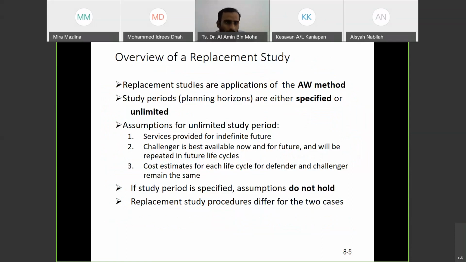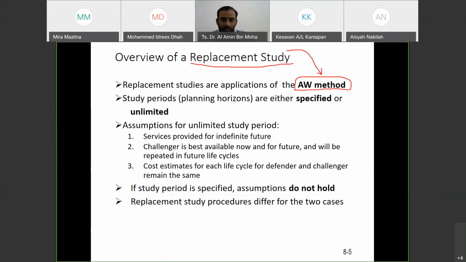Some explanation on a replacement study. Replacement studies are applications of the AW method. So replacement is AW, and it makes life easier.